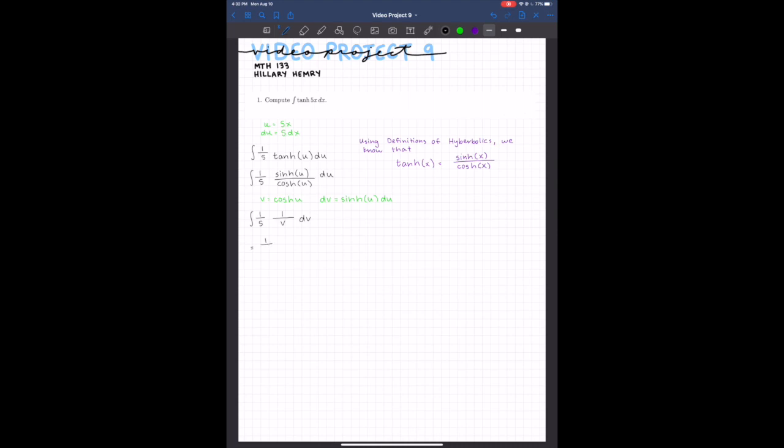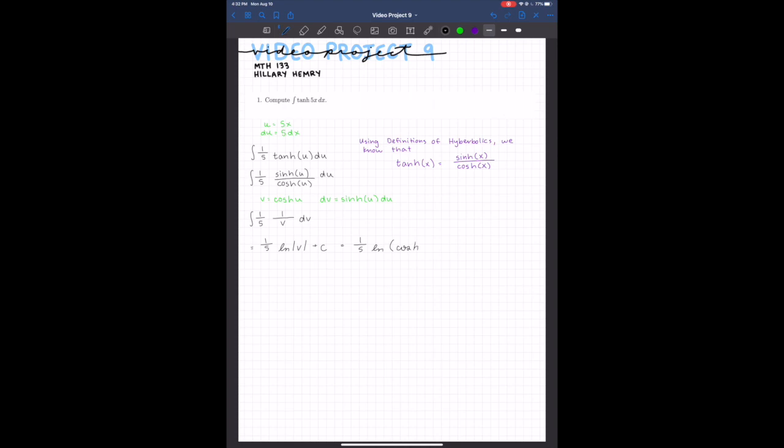So now we can actually take this integral, and we know that the integral of 1 over x is equal to ln of the absolute value of x, in this case v. And then we're going to add our plus C. And now we can start plugging in our v substitution and our u substitution to get our final answer, which is going to be 1/5 ln cosh.